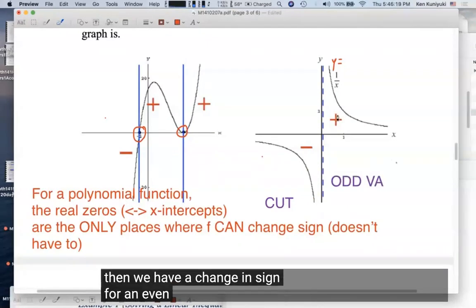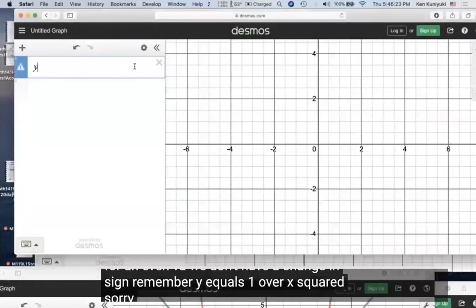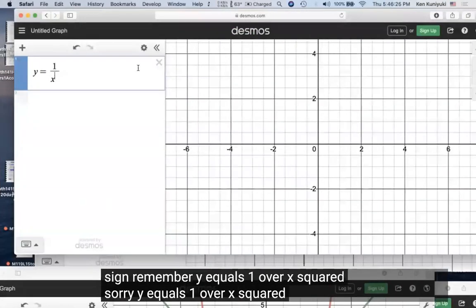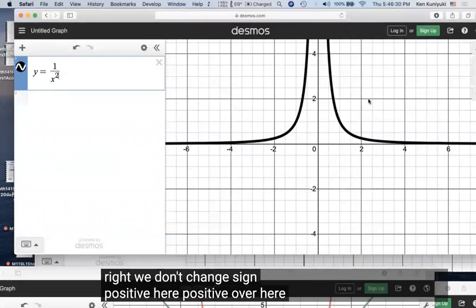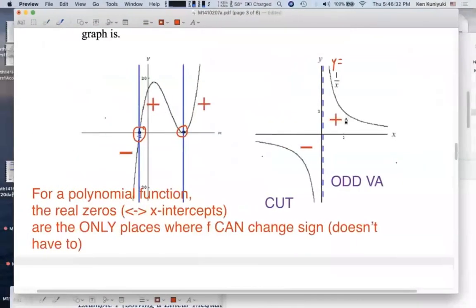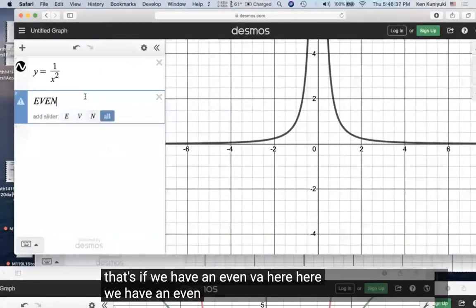For an even VA, we don't have a change in sign. Remember, y equals 1 over x squared. We don't change sign. Positive here, positive over here. That's if we have an even VA.